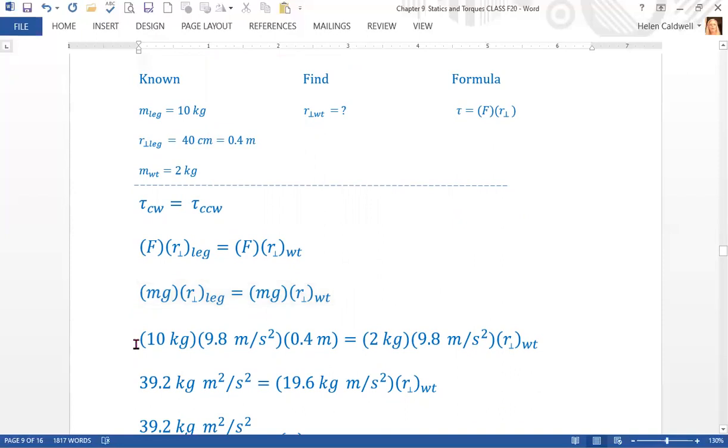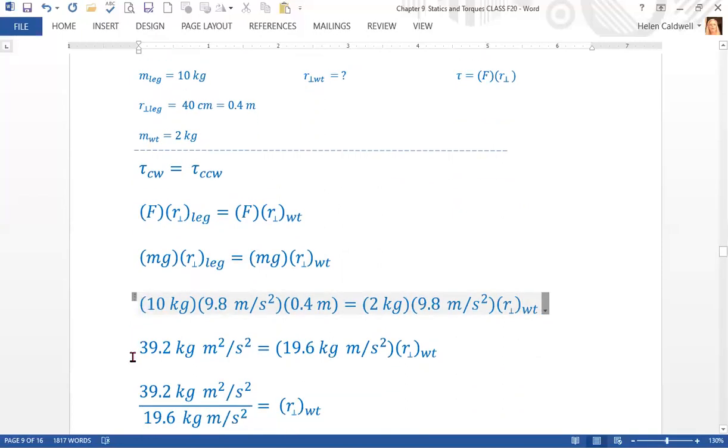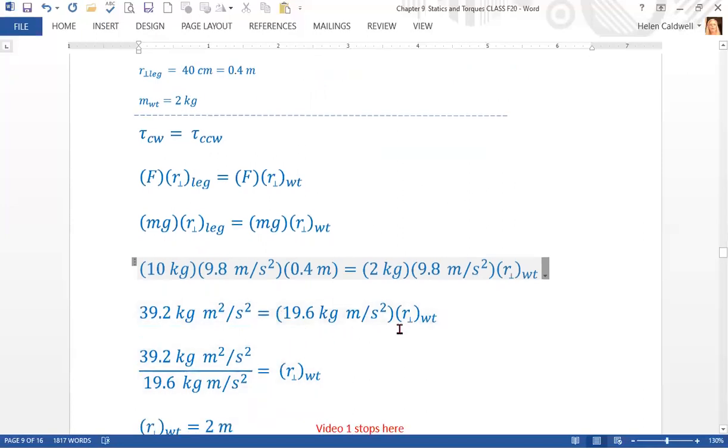The mass of the leg was 10 kilograms, 9.8 meters per second squared, and r was 0.4 meters. For the weight, 2 kilograms times 9.8 meters per second squared times r. So 39.2 is going to equal 19.6 times r. Divide both sides by 19.6 to get that out of the way.